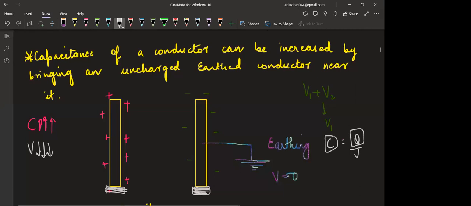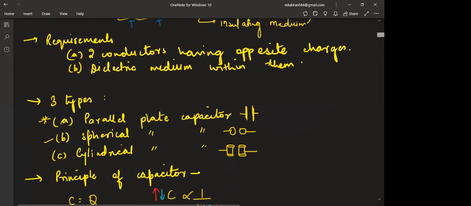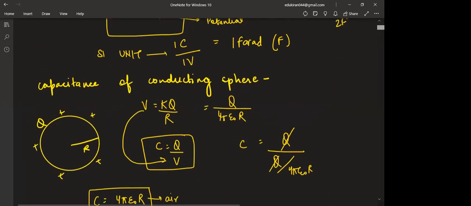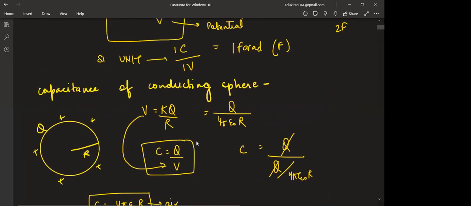I think Tarif was also asking this thing only. See, here you are having charge, and in the formula of potential also you are having charge. So capacitance actually never relies on charge. Here also, when we had seen the concept of potential due to a sphere, there also you could see the fact that charge is there, and in potential charge is there.